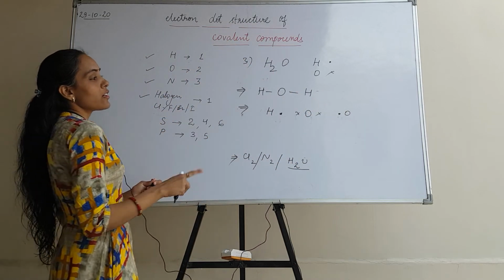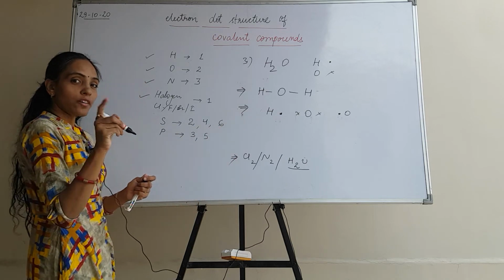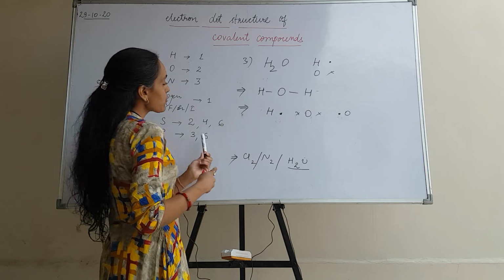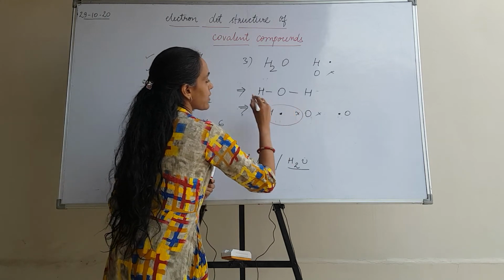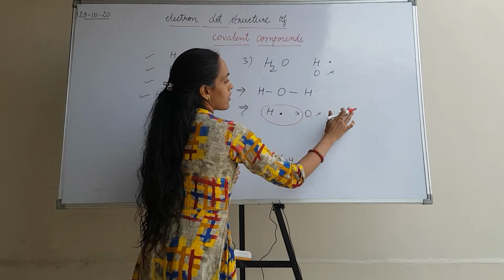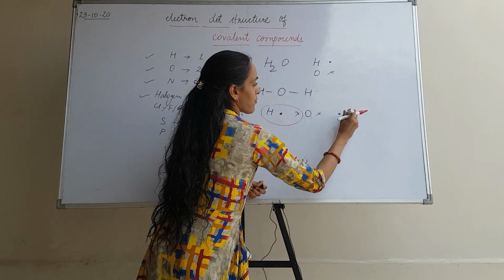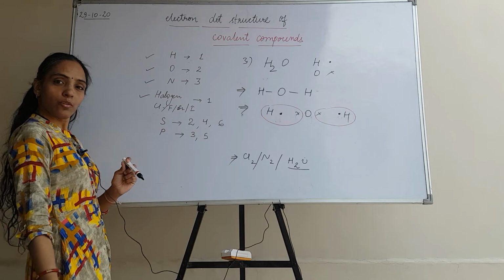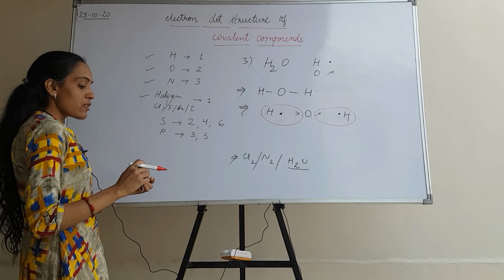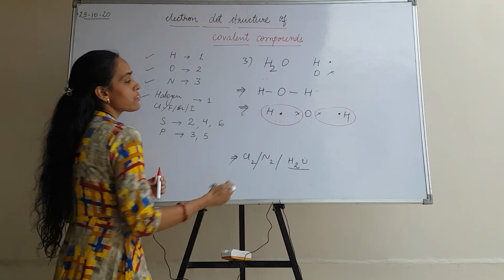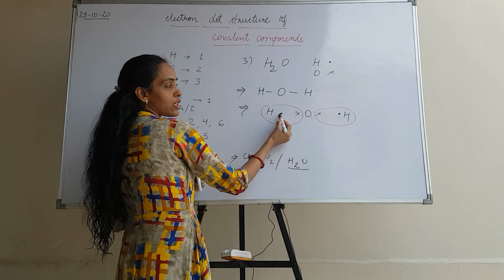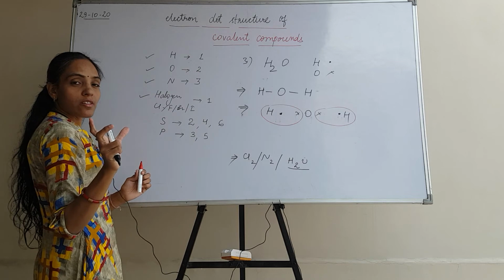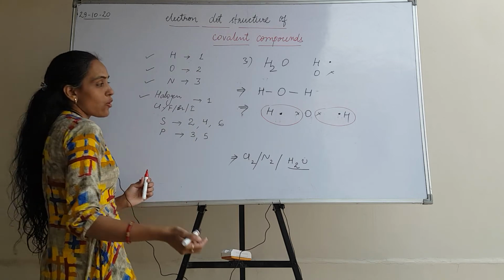Now focus on the third step. What was it? Octet rule. For this hydrogen, 2 electrons, satisfied. This hydrogen is quite okay with that. Sorry, there will be hydrogen. With this hydrogen also, quite okay with it, 2 electrons. But in case of this oxygen there is a little bit of change. See, with this oxygen in the sharing mode 1, 2, 3, 4, only 4 electrons are present, 4 more electrons are to be there.